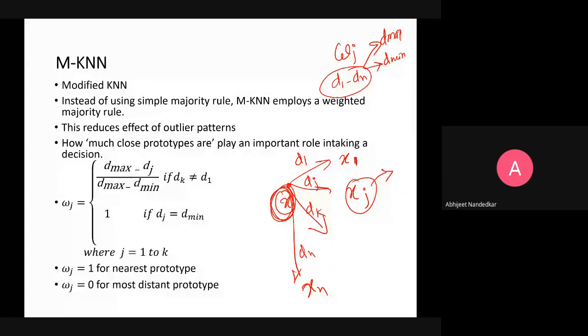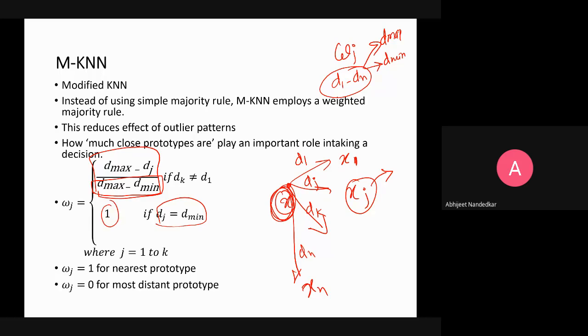Then the weight Wj is given by this: for the jth prototype, you take d max minus dj, the distance for the jth prototype, divided by d max minus d min. And if dj happens to be the minimum, then you just write its importance as 1.